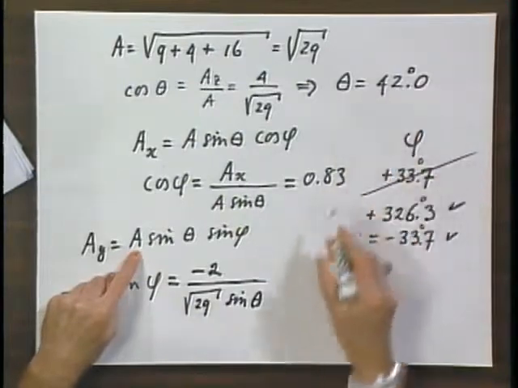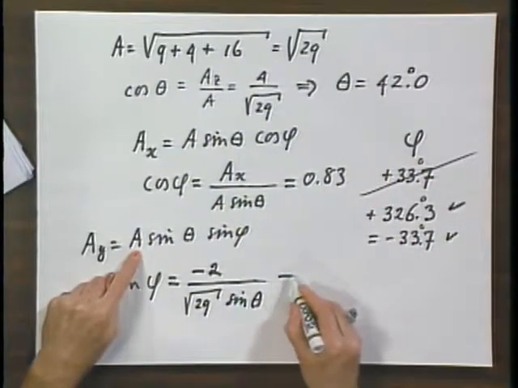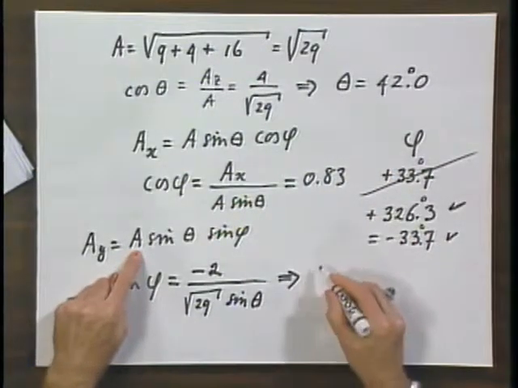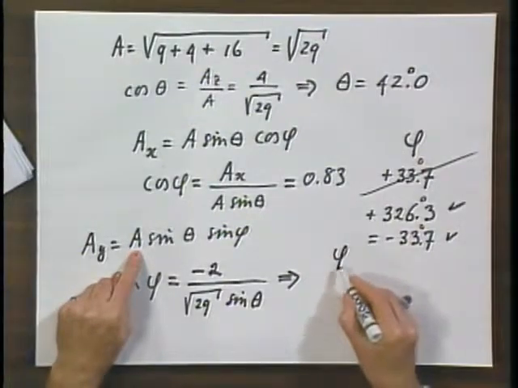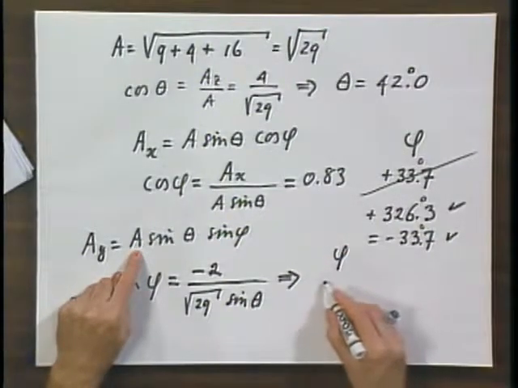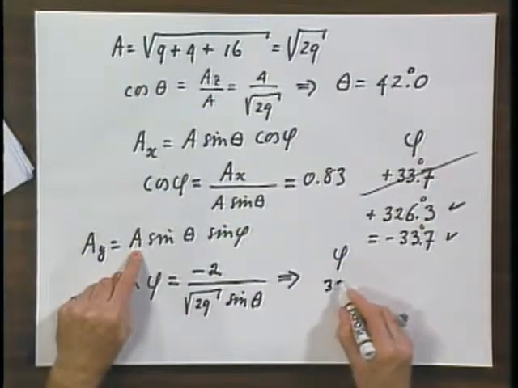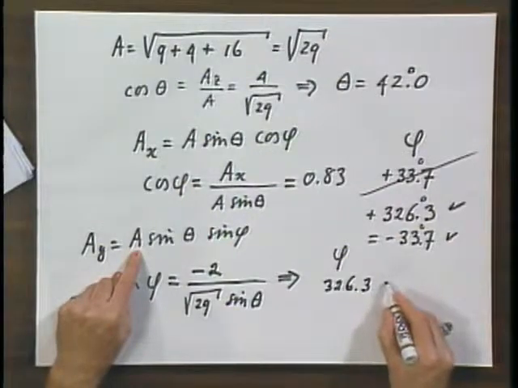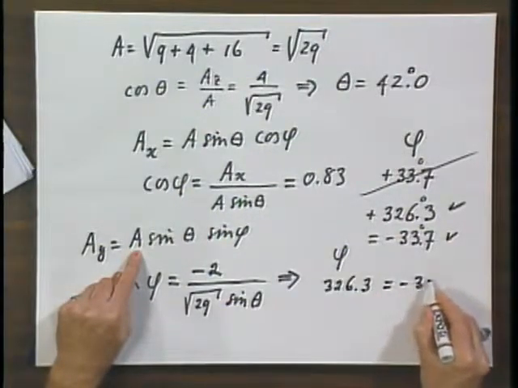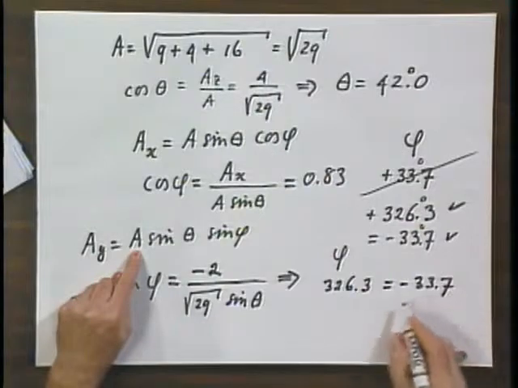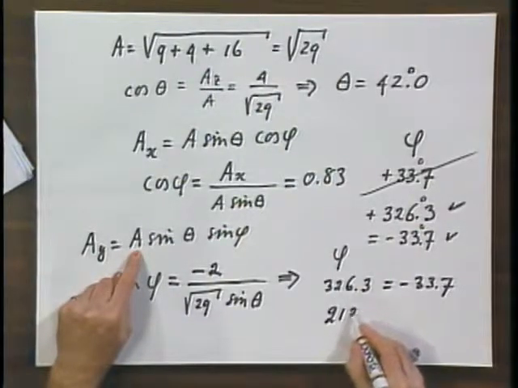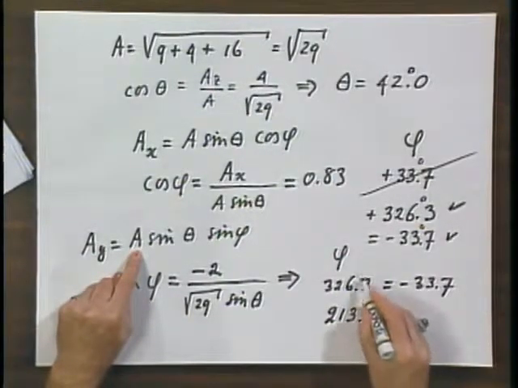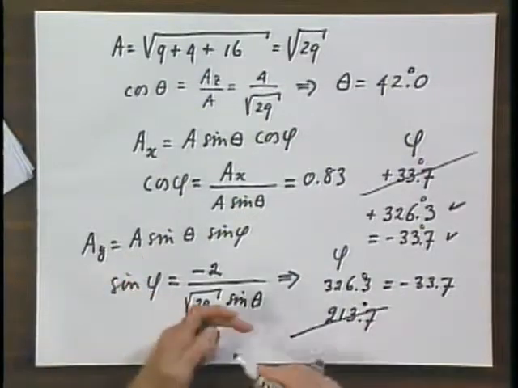And you know theta. And when I do that, I find for phi two possibilities. As always, I find 326.3, which of course is the same as minus 33.7, but I also find 213.7 degrees. This one is obviously wrong.